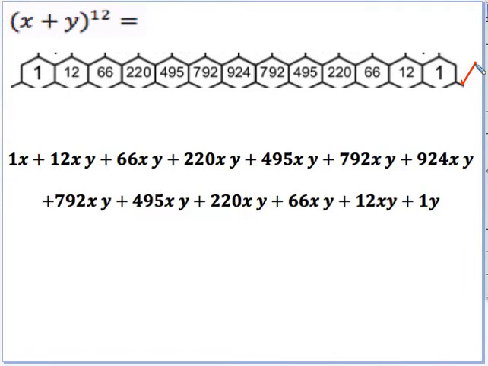Remember, when you're doing your exponents, you'd have x to the 12th power, to the 11th power, to the 10th power, to the 9th, 8, 7, 6, 5, 4, 3, 2, and 1 here, and then this would be 12, 11, 10, 9, 8, 7, 6, 5, 4, 3, 2, and 1 there. Okay, so that's one example of one of the bonus questions.